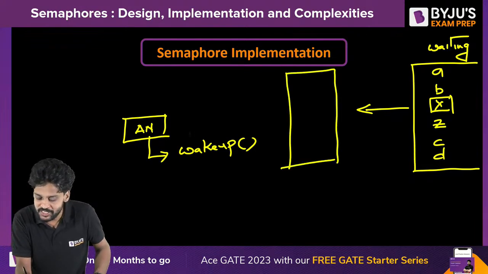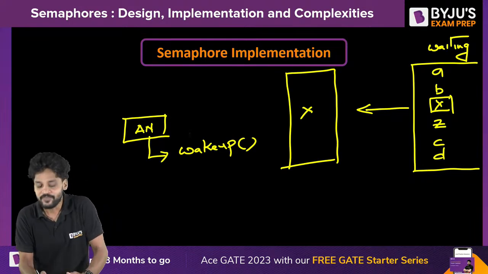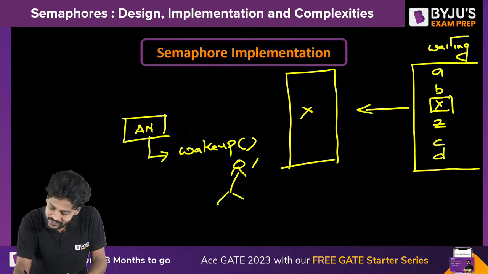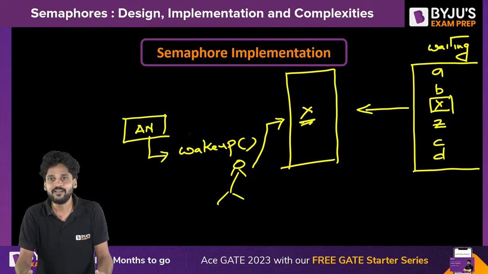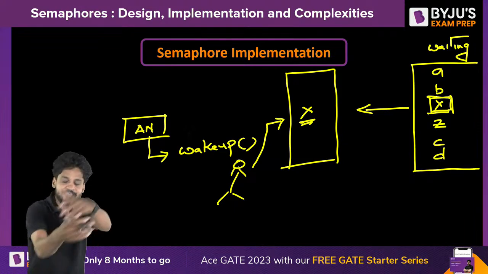Now when a process is sent back to the ready queue, it can be taken into account for scheduling. There is a scheduler again. The scheduler will take X into consideration for scheduling. It is not guaranteed that the moment X has been woken up, it will directly enter the CPU.